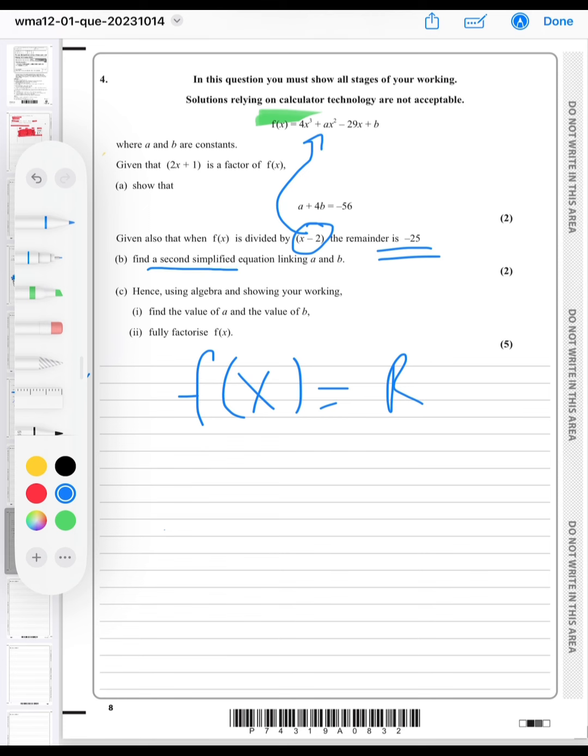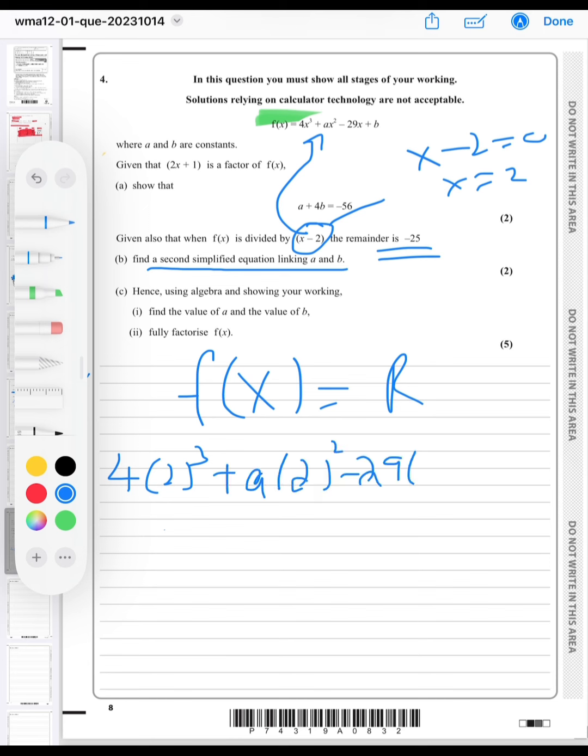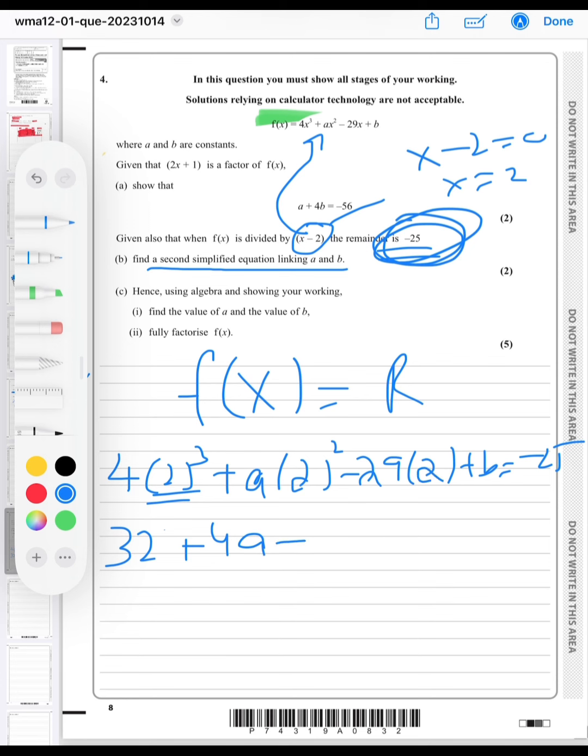Find a second simplified equation linking a and b. So this will be like 2 cube, making this thing equals to 0, x equals to 2, and this will be a 2 square minus 29 2 plus b equals to minus 25. It's given here. So 2 to the power 3 is 8, 8 4s are 32, and then 4a, and then 29 2s are 58, plus b equals to minus 25.